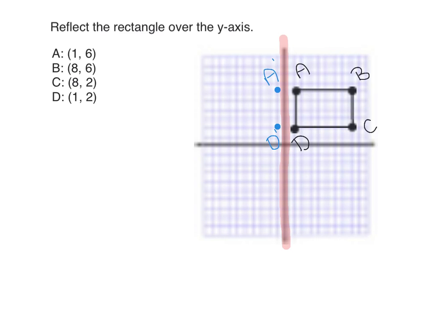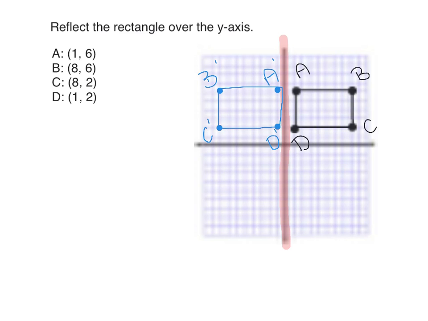Going to do the same thing with B and with C. So C prime will land down here. B prime will land up here. I'm going to come back in and label those. And here is my new rectangle.